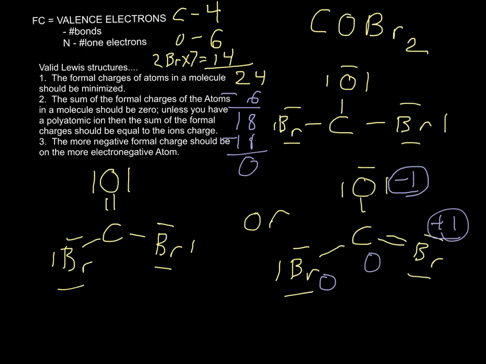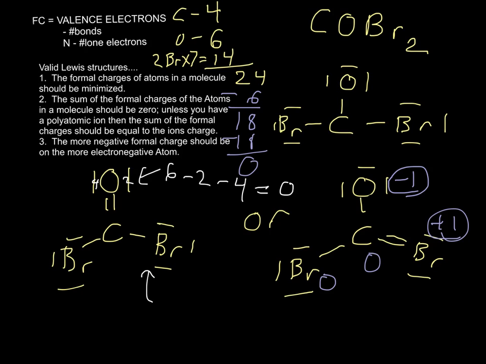All right, how about this structure over here? Well, let's do the formal charges over here. We have 6 valence electrons in oxygen. It's participating in 2 bonds. It has 4 lone electrons, 2, 4. So that means it has a formal charge of 0.